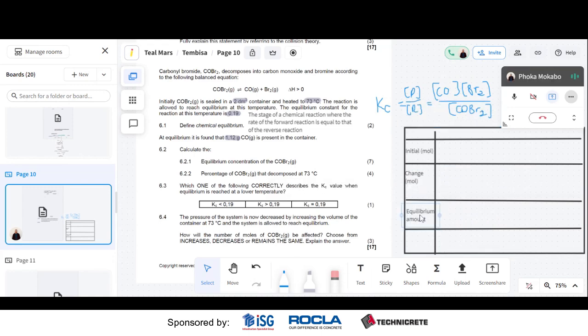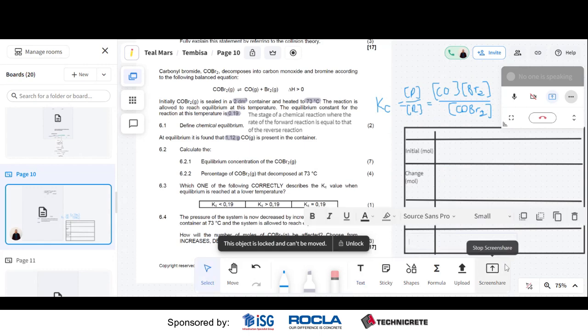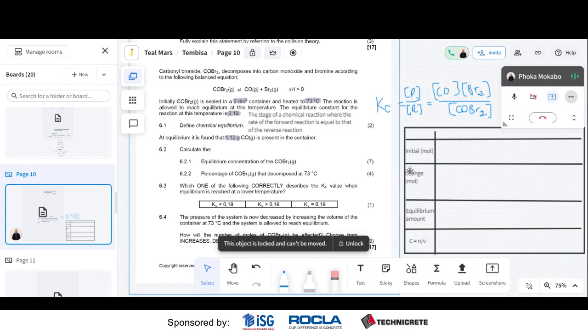And one more for our, let's say, C equals N over V. I'm actually going to need more space over here.